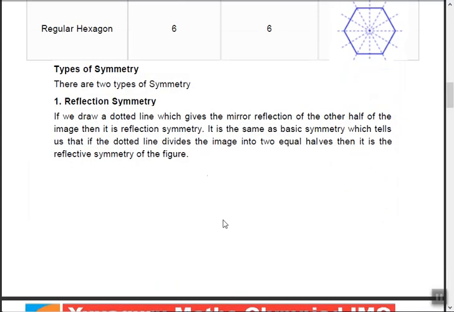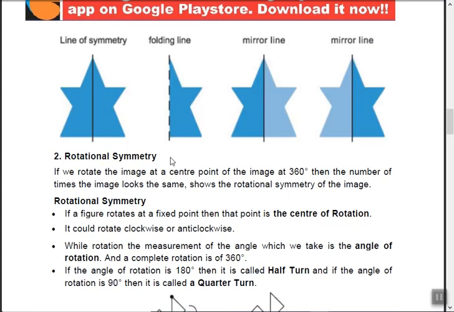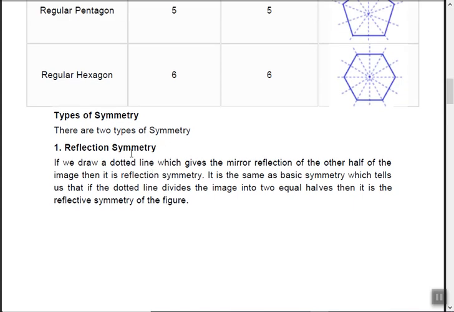Okay. Now types of symmetry. There are two types of symmetry. One is reflection and second is called radial or rotational. So reflection means if we draw a dotted line which gives the mirror reflection of the other half of the image, then it's called reflection symmetry. Means exactly, you fold it somewhere and you get the same image.